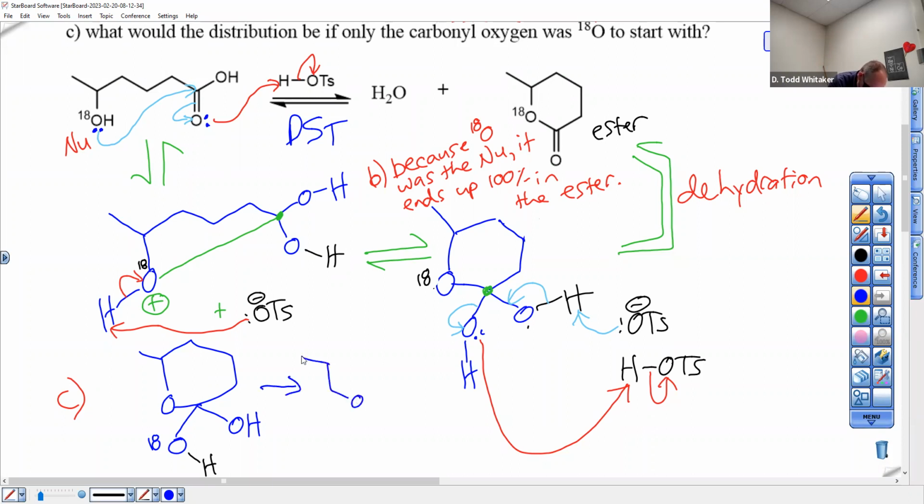And I put that methyl in the wrong spot. No, it's not. It is not. You get O is there. Make that nicer. And you're going to get O18, 50%.